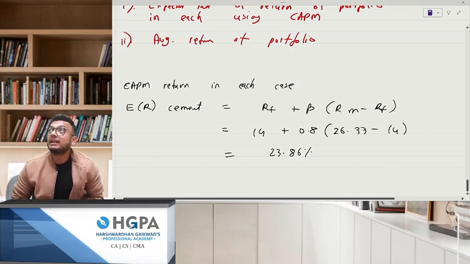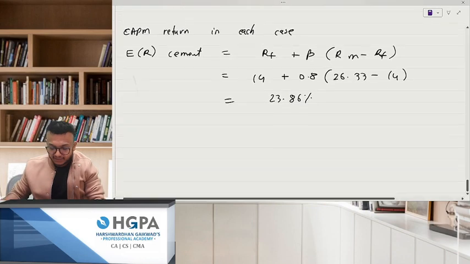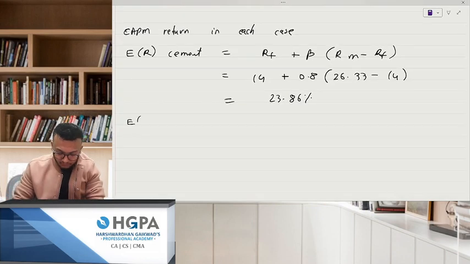23.86. Anybody else with the second answer? How much for steel? Steel is 22.63%.